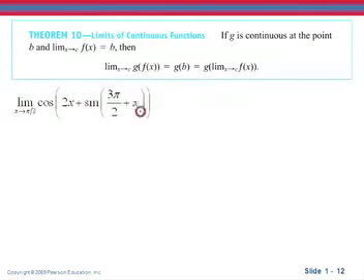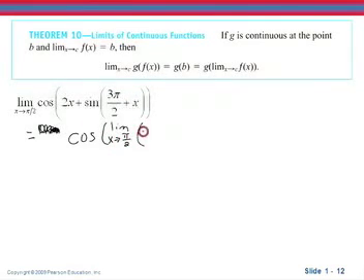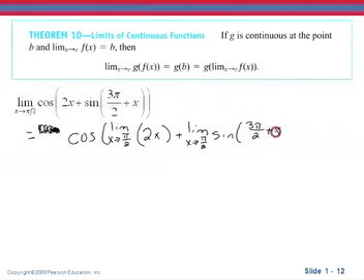What that tells us is if we have the limit of a composite function as we have here, we can find that limit by doing the cosine of the limit as x approaches pi over 2 of 2x plus the limit as x approaches pi over 2 of the sine of 3 pi over 2 plus x. So that would be the cosine of.